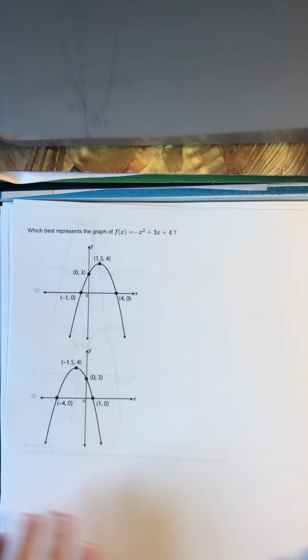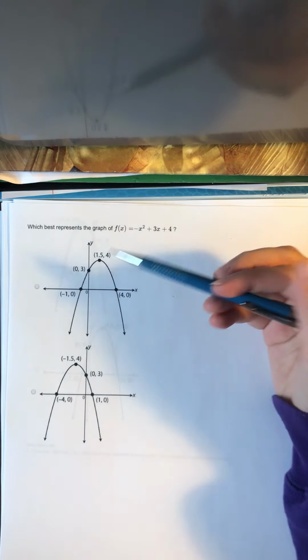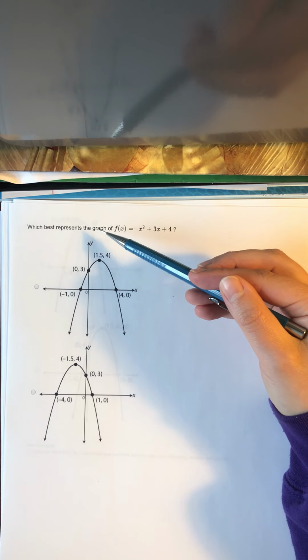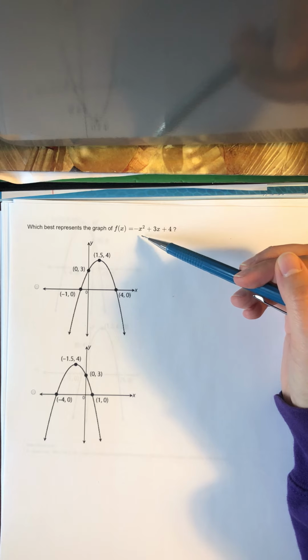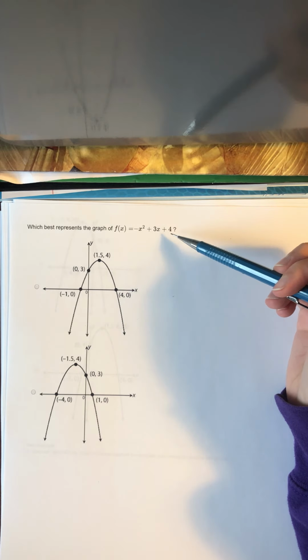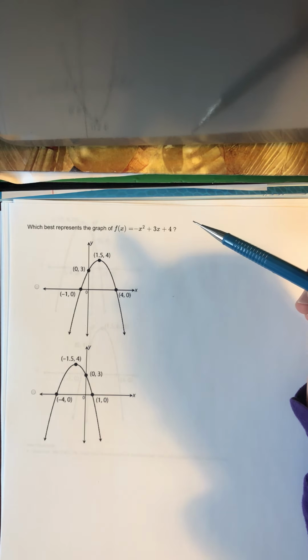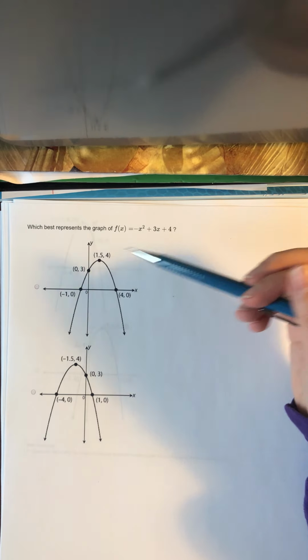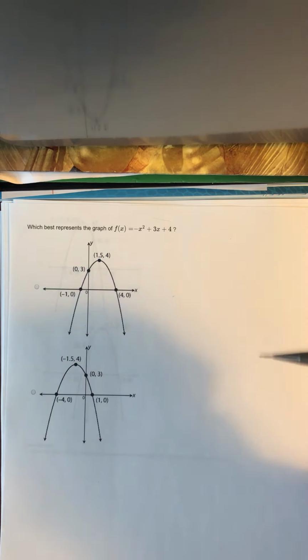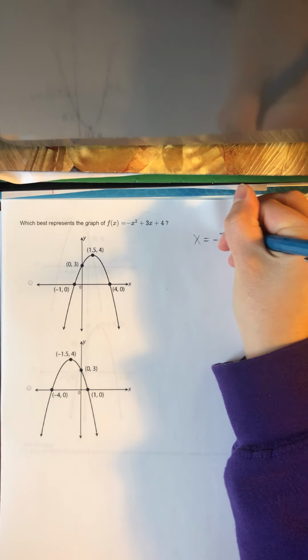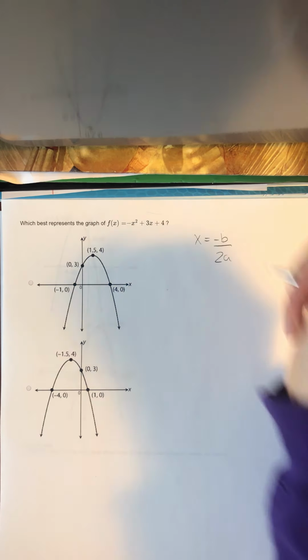Okay, this one. Which best represents the graph of f of x equals negative x squared plus 3x plus 4? So it's a parabola. How we could figure this out is we could figure out what our vertex is by doing x equals negative b over 2a. That should ring a bell, hopefully.